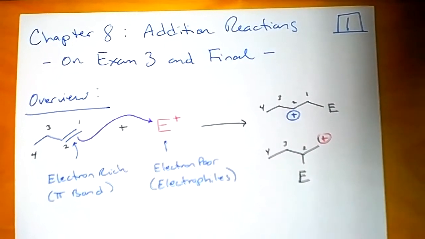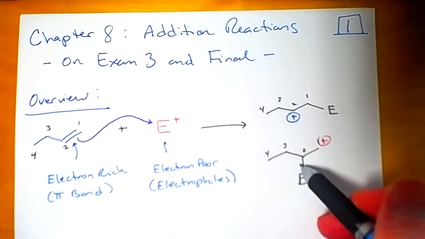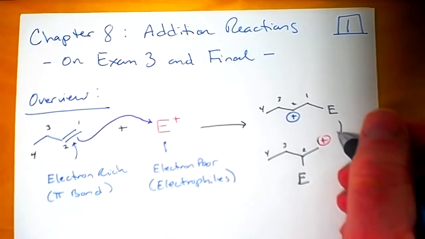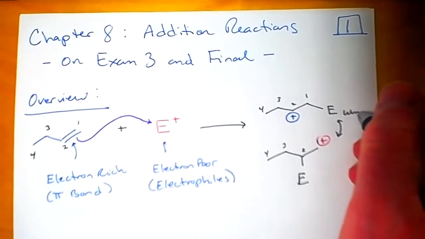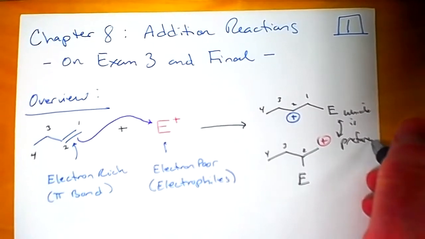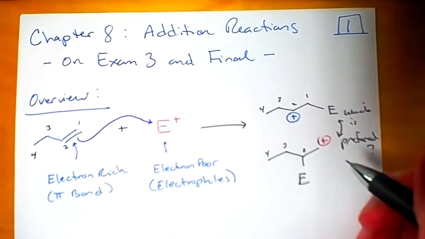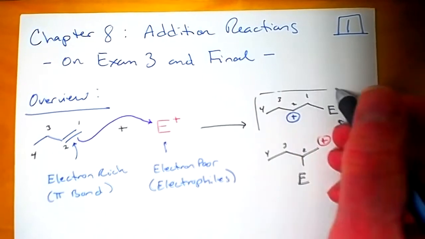Now what you want to be asking yourself is, if you had to choose which one of these two is more likely to occur, which is preferred in this situation? Well, the answer is it should be this one up here.